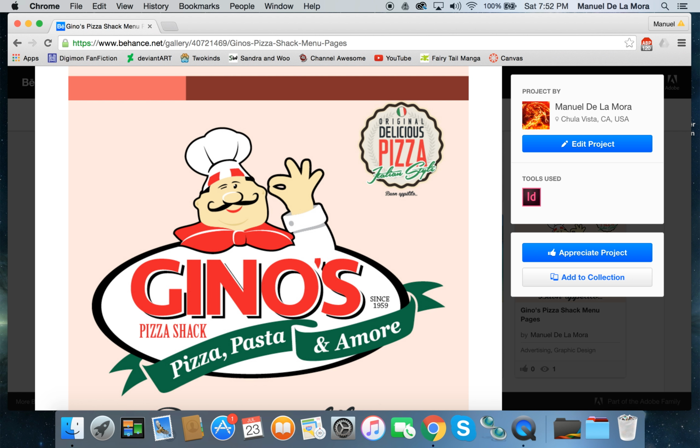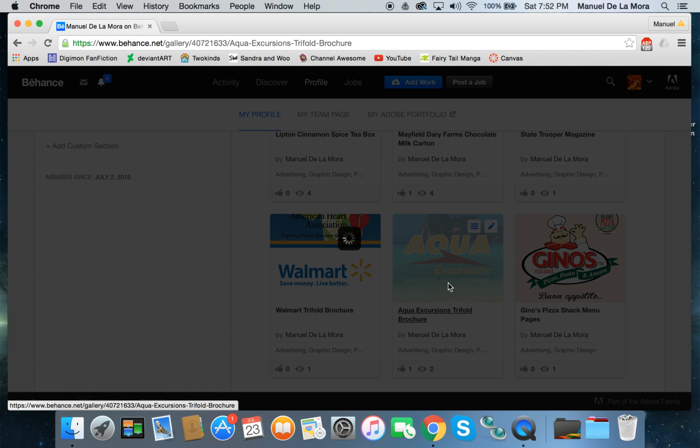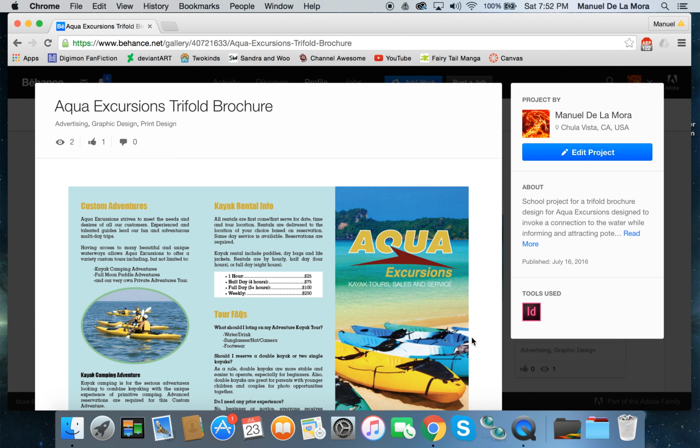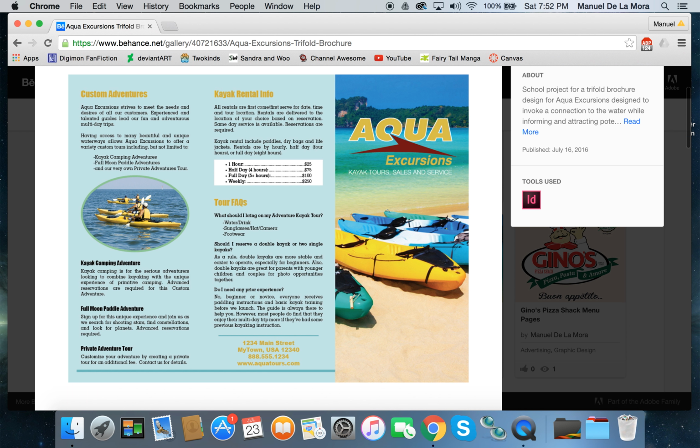All right, next up we have one of my two brochure designs. This one being for Aqua Excursions. Now, this is a trifold design, both of them are. And for this one, the theme I had in mind, I wanted to invoke a sort of relationship with the ocean because, well, the ocean is a good place for kayaking, of course.